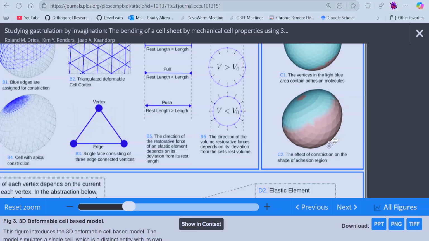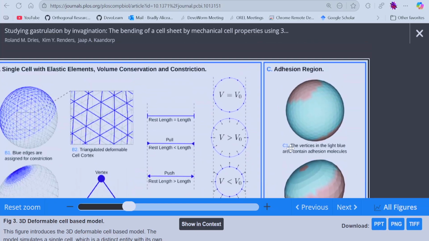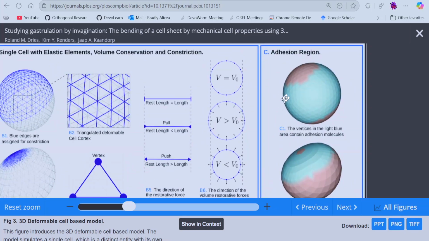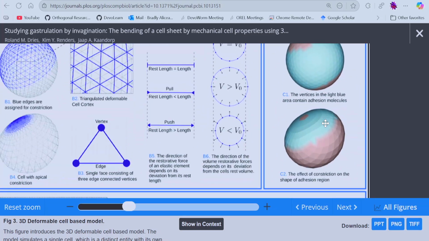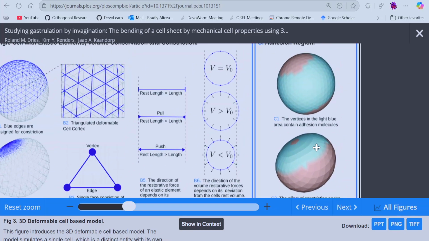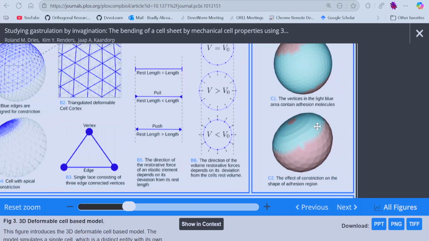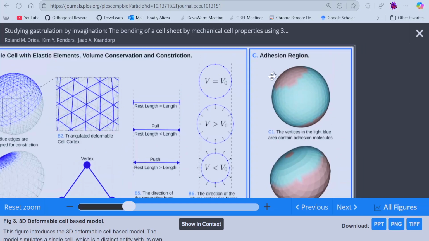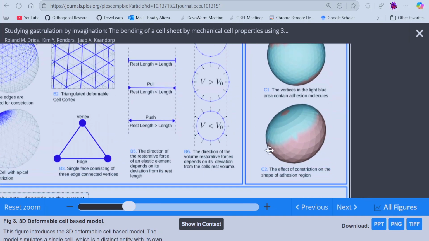What they're modeling is the outside of the embryo and this shape change. So you want to be able to understand that part. But this adhesion region changes as the shape changes, and that's the important part. So there's this effective constriction on the shape of the adhesion region. It changes from this example here in the sphere to this example in the partially constricted embryo.